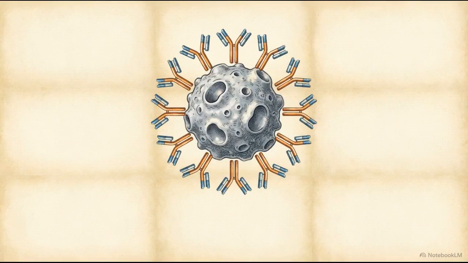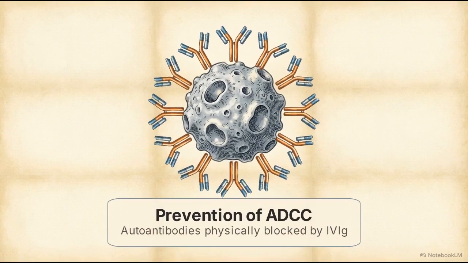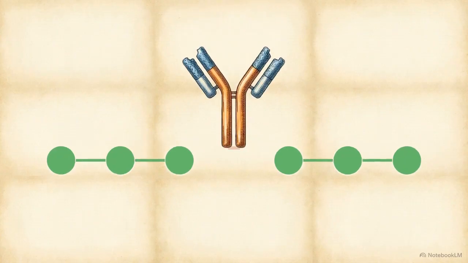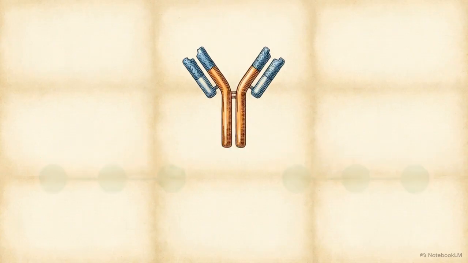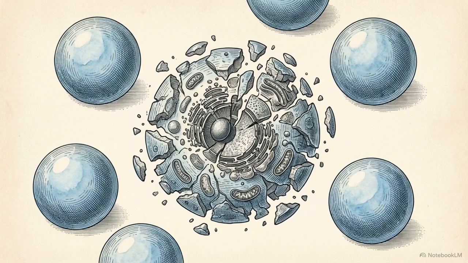This prevents the patient's endogenous autoantibodies from binding to those cells and triggering antibody-dependent cellular cytotoxicity. IVIG also directly inhibits the dysregulated activation of the complement cascade. It physically interrupts the chain reaction of complement proteins, providing anti-inflammatory protection that lasts for 2 to 4 weeks. Furthermore, IVIG modulates B-cell function.